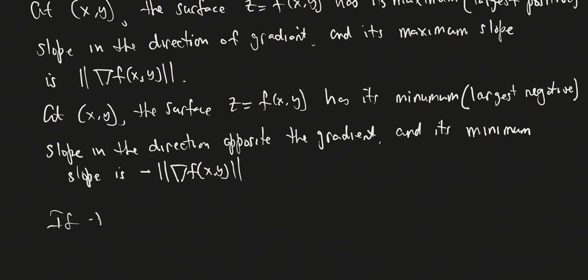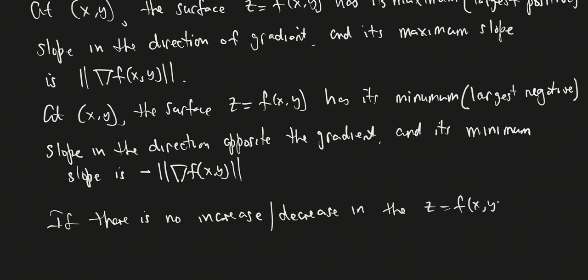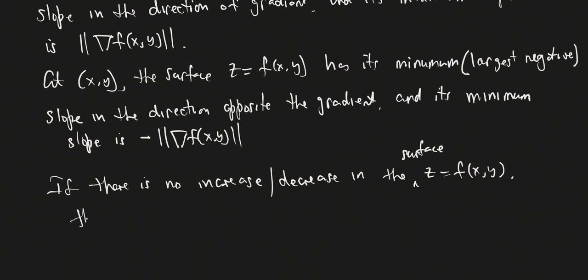If there is no increase or decrease in the surface, in our surface f of x, y, then it means that the rate of change is 0. So then that directional derivative would have to come out to be 0.